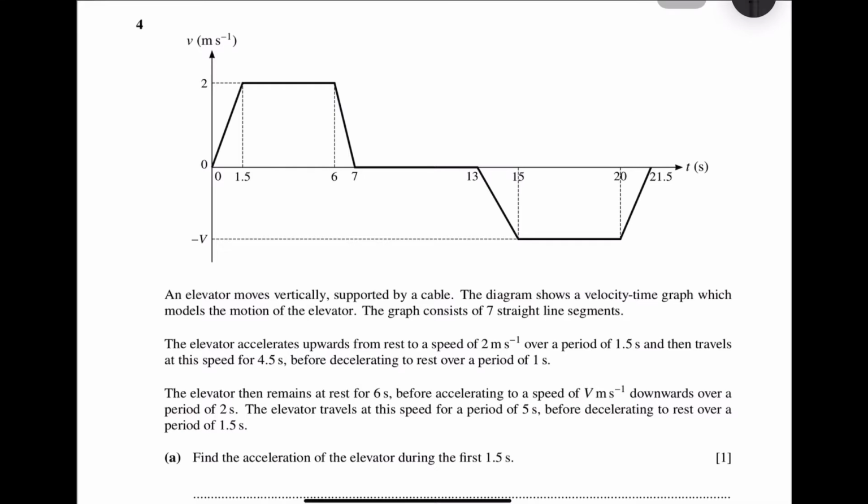The elevator then remains at rest for 6 seconds before accelerating to a speed of V meters per second downward over a period of 2 seconds. The elevator travels at this speed for a period of 5 seconds before decelerating to rest over a period of 1 second.